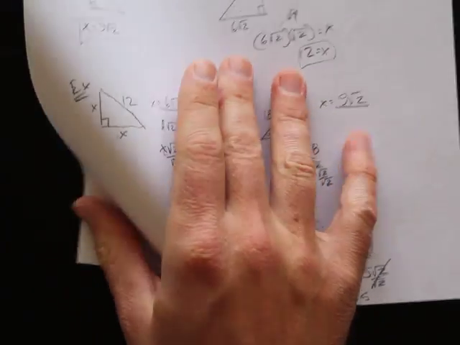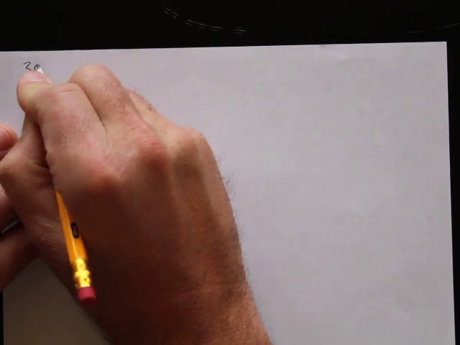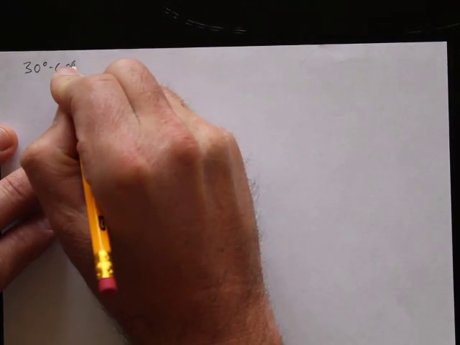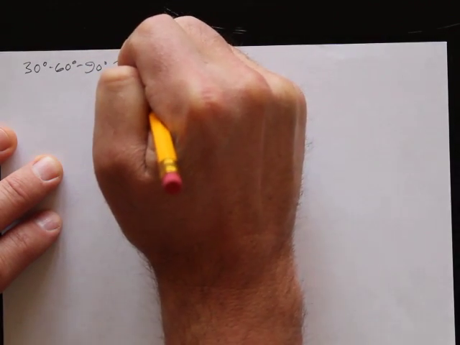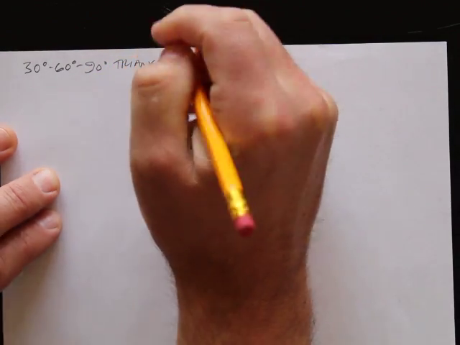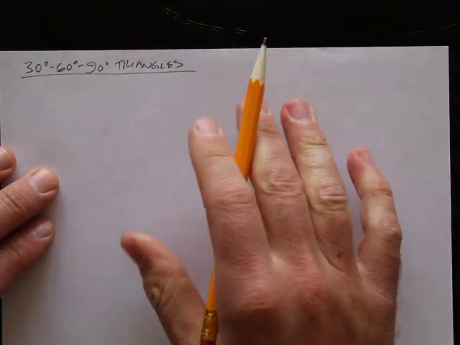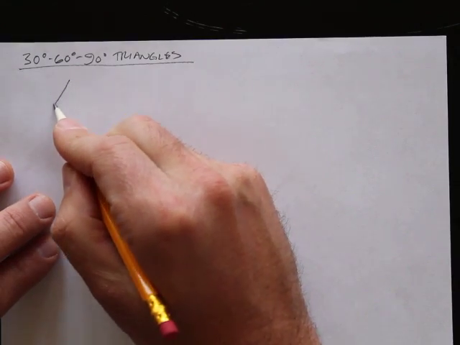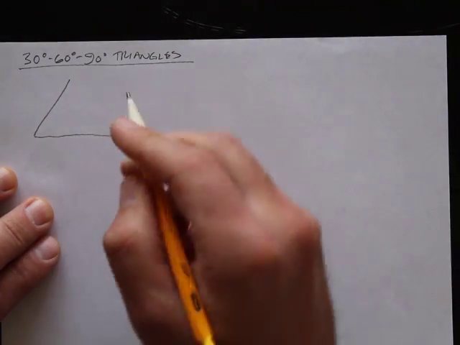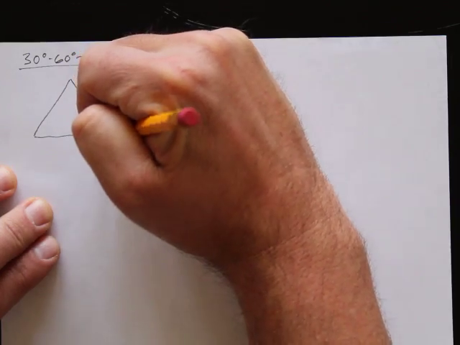All right, we're going to look at now another special triangle, and that is the 30, 60, 90 triangle. And so let me show you a way to understand 30, 60, 90 triangles.